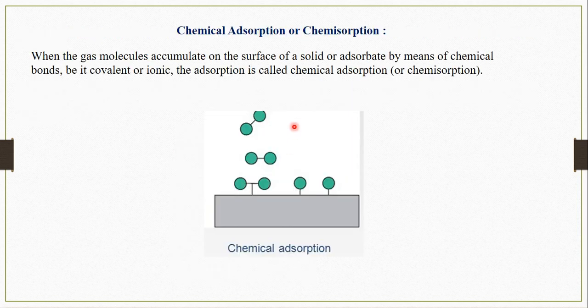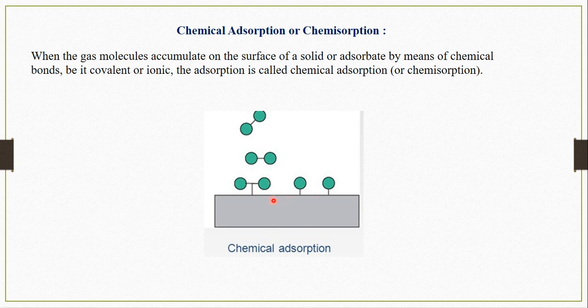Next we will see chemical adsorption. Here, when gas molecules accumulate on the surface of a solid, this gray color is the solid matter, and the green color is the gas molecules adsorbed on the solid surface.